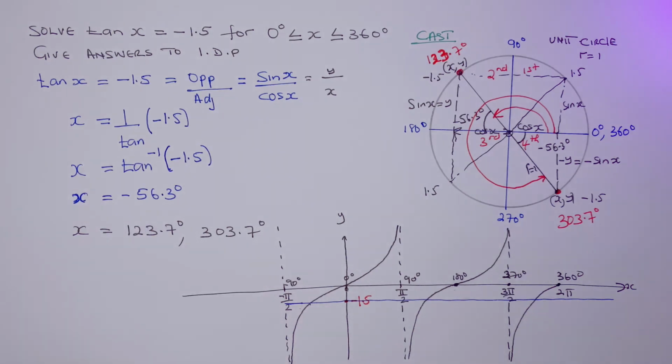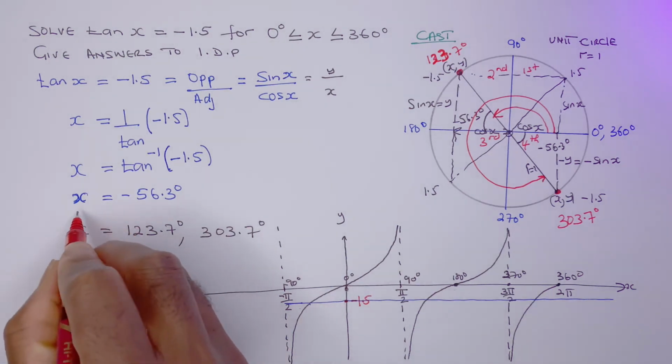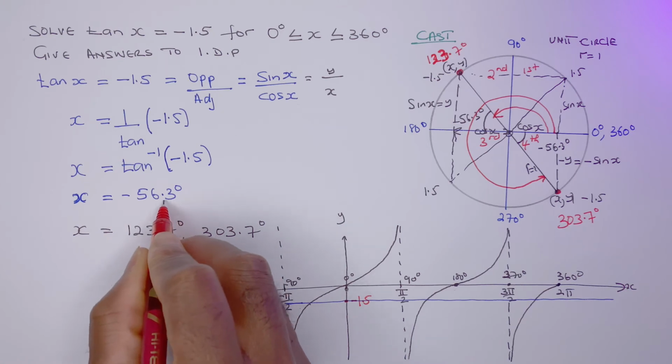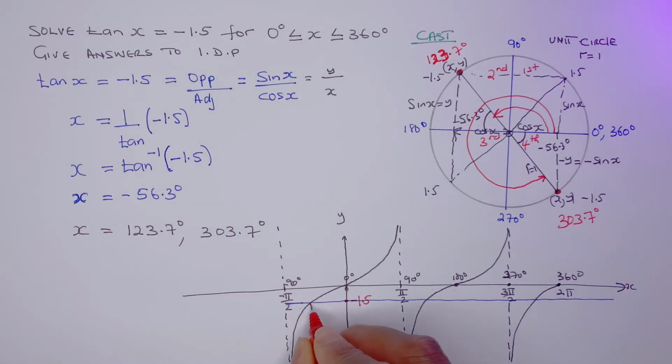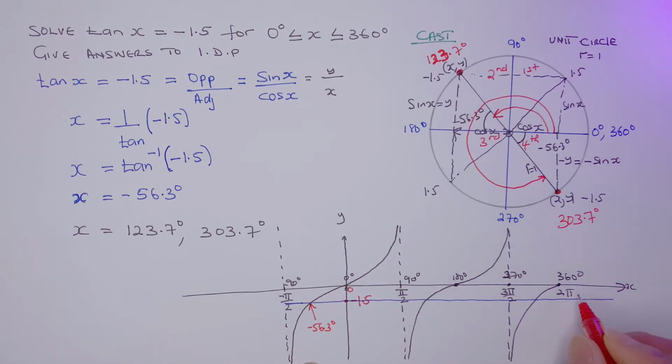Minus 56.3, x equals minus 56.3 degrees. So that's that one here. This is minus 90 degrees. That's minus 56.3 degrees. And if we don't want that, because we want from 0 to 360 degrees, so we keep following the line, and the next point along is going to be 90, right?